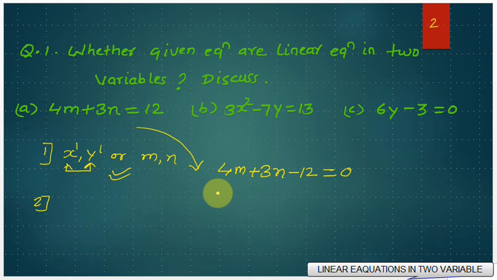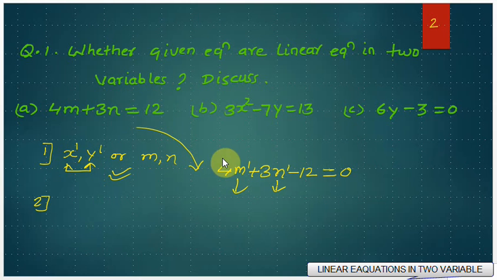This equation has two variables m and n with power 1, and the constant terms 4, 3 and minus 12. So this equation is a linear equation in two variables.